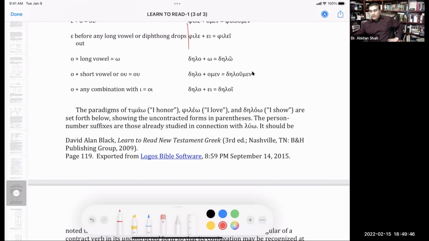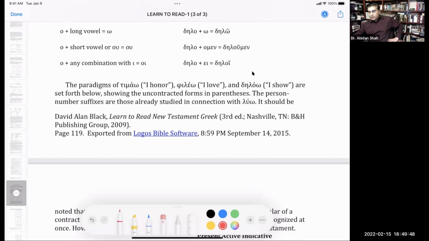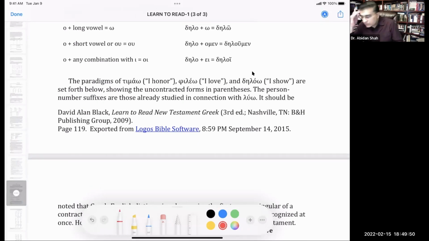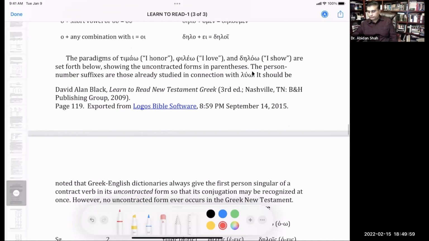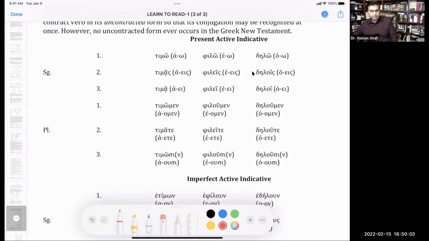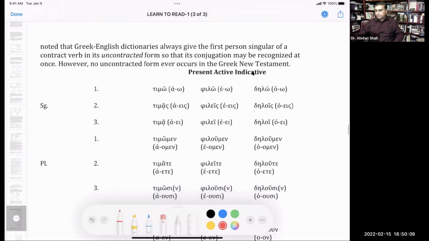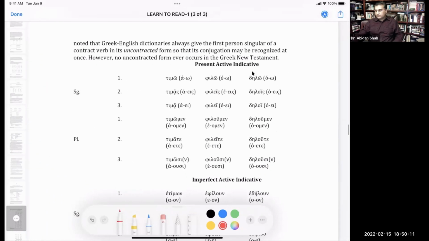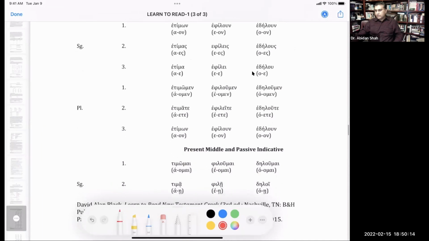Omicron plus a long vowel equals omega. Omicron plus a short vowel becomes ou. Omicron plus any combination of epsilon or iota becomes oi. And you have to just kind of learn these things, how the contraction takes place. Well, here's how it is.